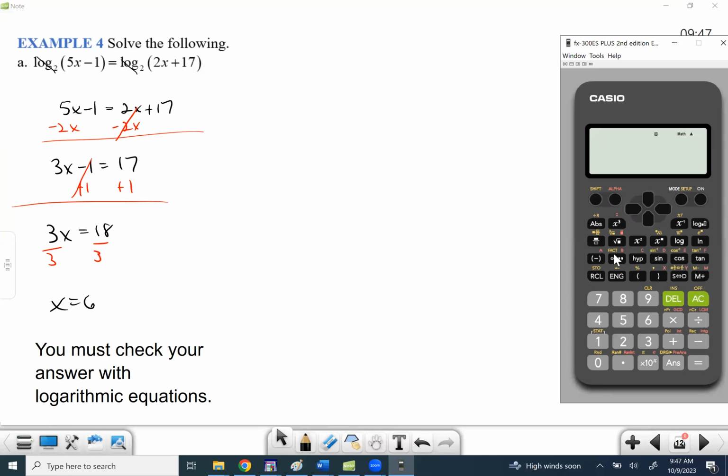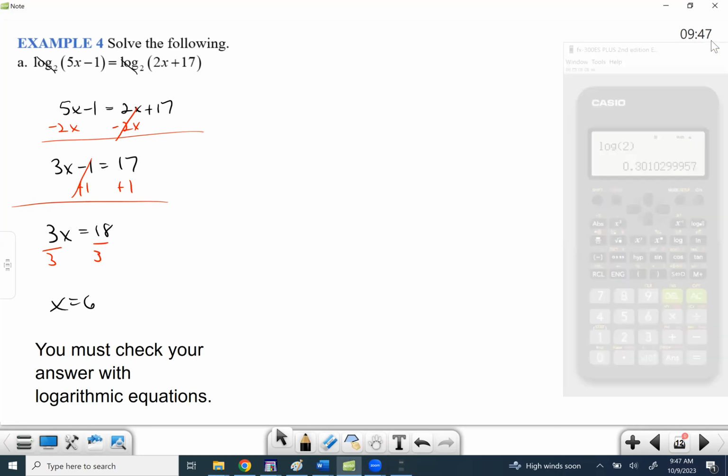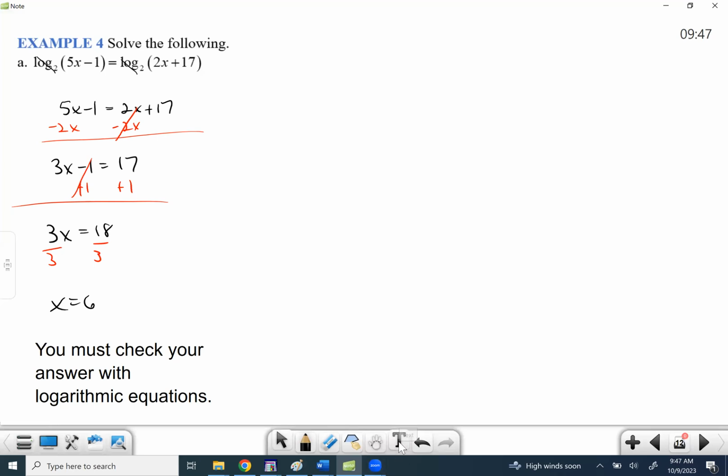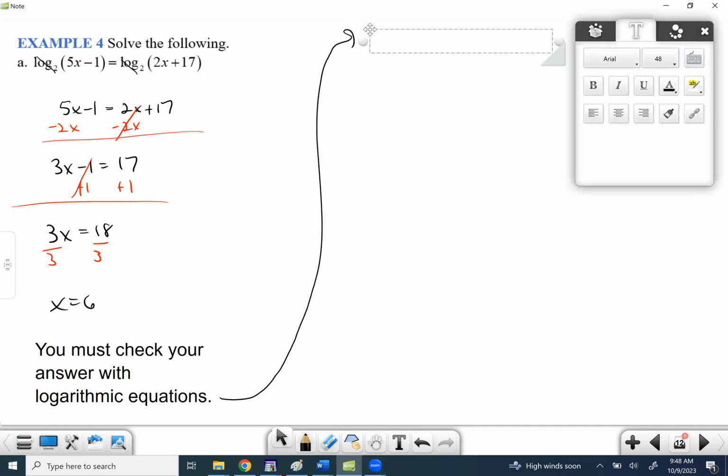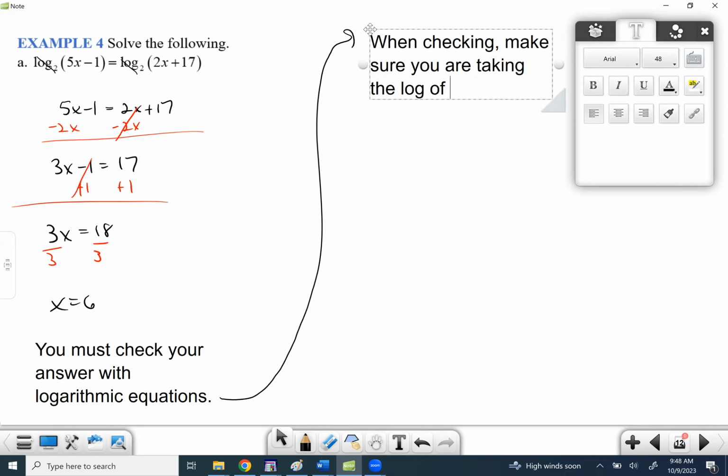You can only log positive numbers. That's when you're going to get a value out. So we want to make sure that what we're logging is positive. So I'm going to draw an arrow up here. When checking, make sure you are taking the log of something positive.